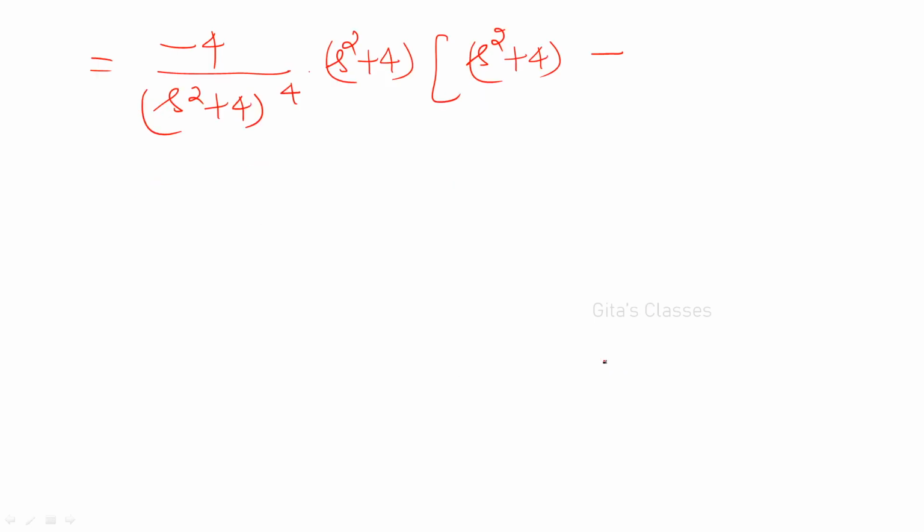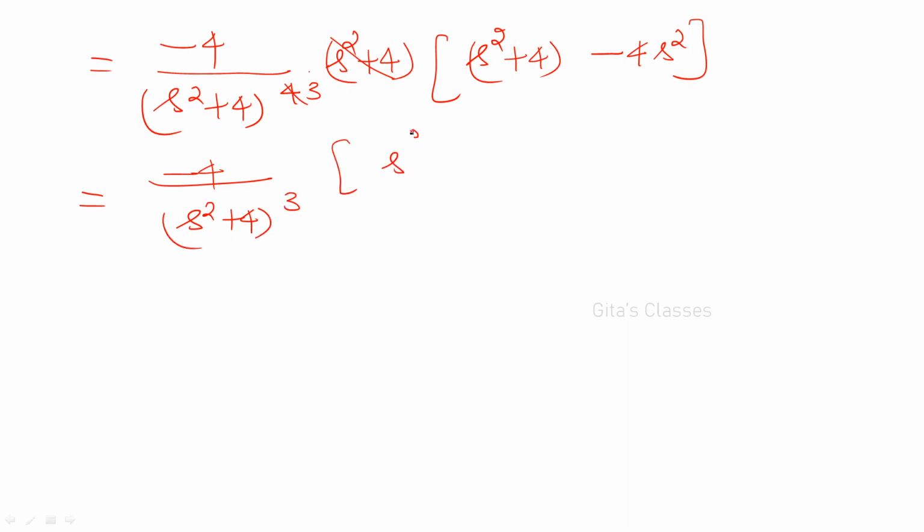So 4s squared minus 4s squared. So that is equal to minus 4. Here one s squared plus 4 will get cancelled. This will become s squared plus 4 the whole cube into s squared plus 4 minus 4s squared. So 4 minus 3s squared.